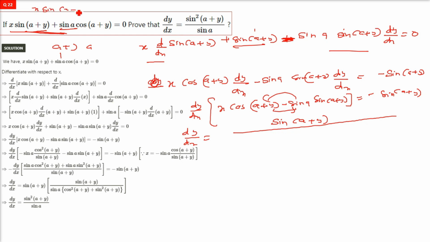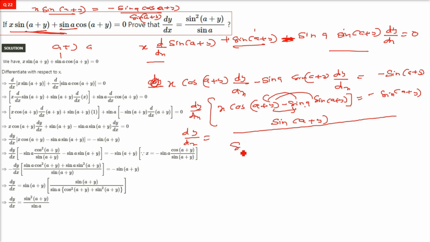So we have x sin(a + y) = -sin a cos(a + y). In order to get x, that is going to be -sin a cos(a + y) by sin(a + y). So there is no use of what we have done negative. Anyways, so minus I am removing.